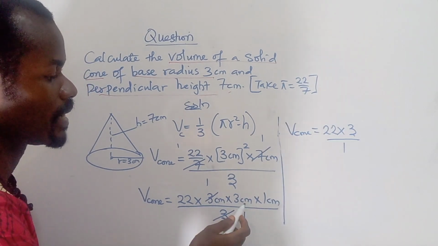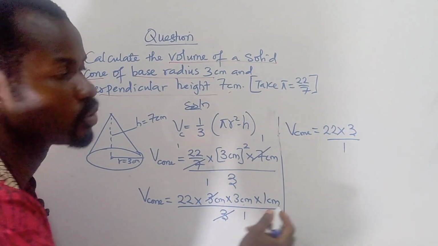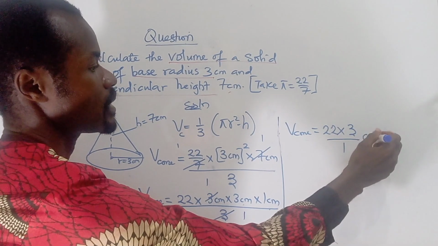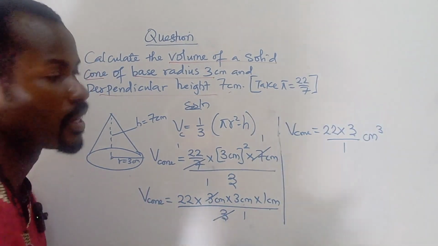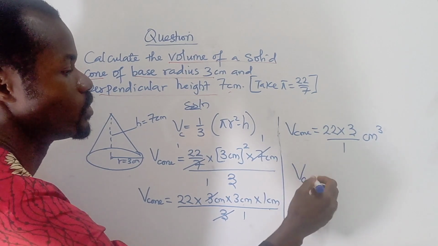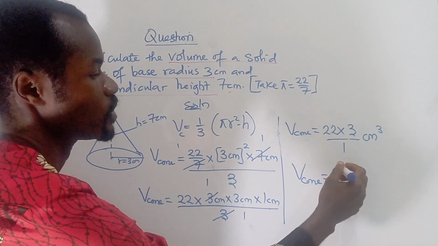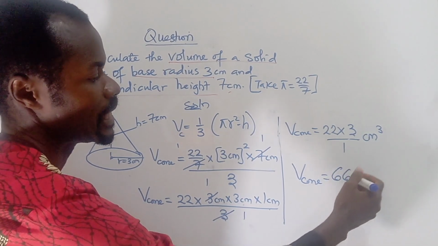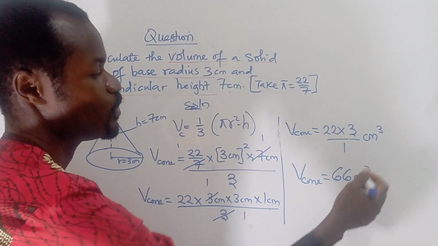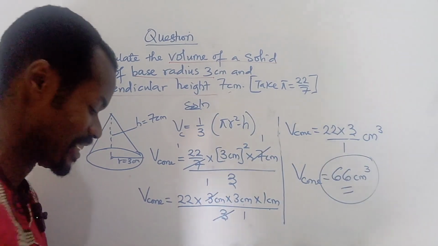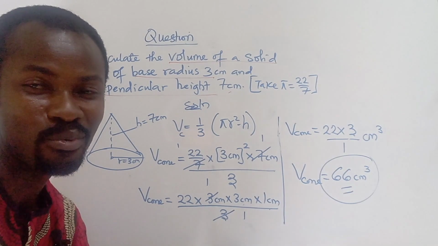Now centimeter times centimeter times centimeter is going to give us centimeter cube. All right. So the volume of our cone in this problem is going to be 22 times 3, which is 66 centimeter cube. So this gives us the simple solution to this problem.